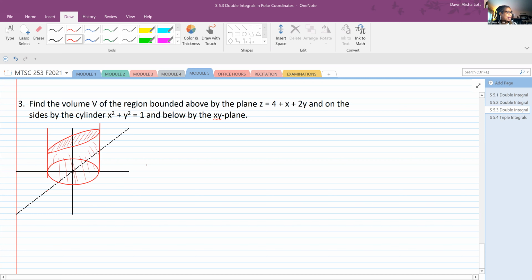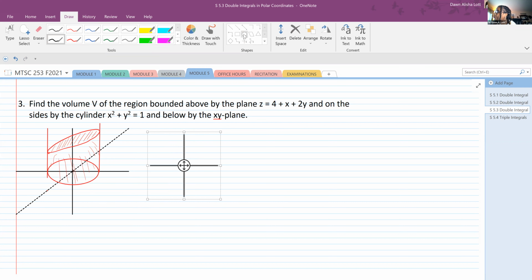Okay. All right. So if I look in the XY plane, all I see is a circle. In the XY plane, all I'm seeing is a circle as my boundary.